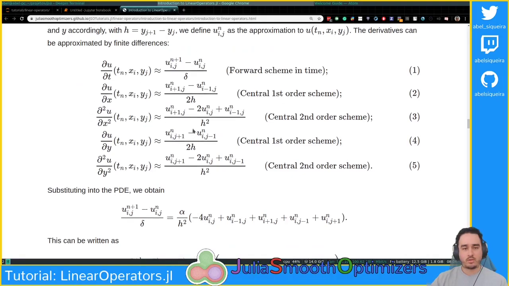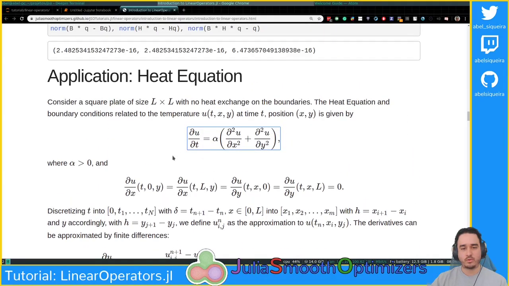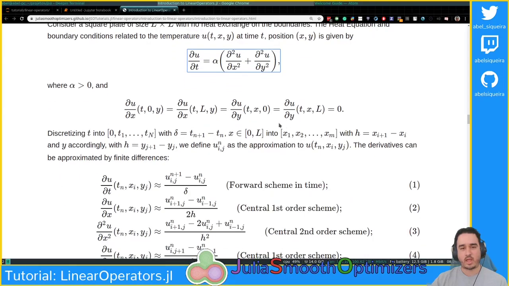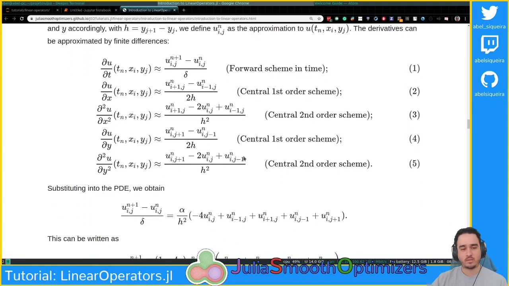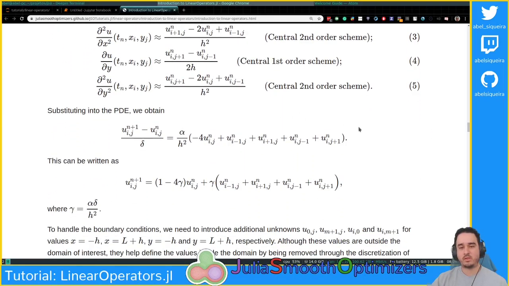If you take all these differences and you substitute in this equation at a specific x, y, t with indexes, you're gonna have this discretized equation.